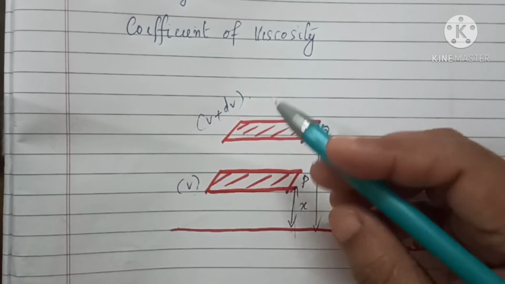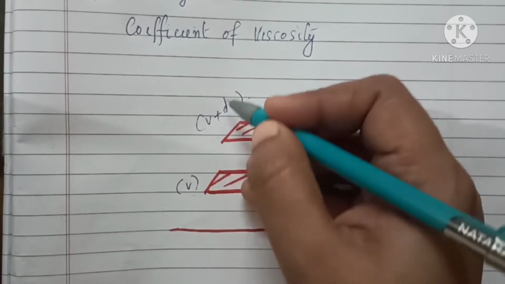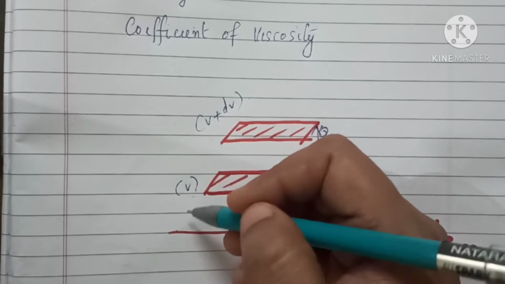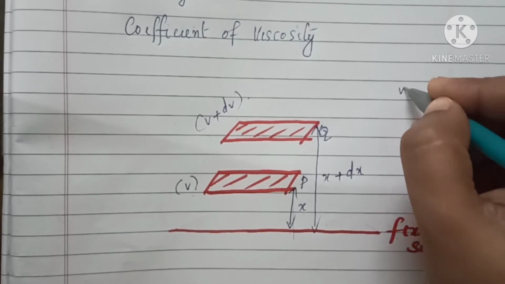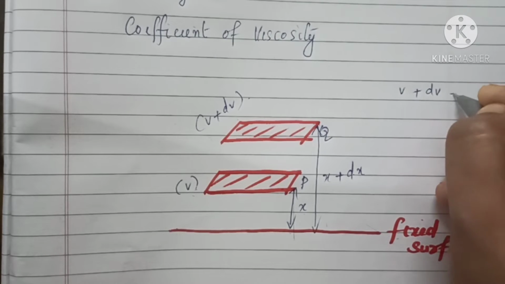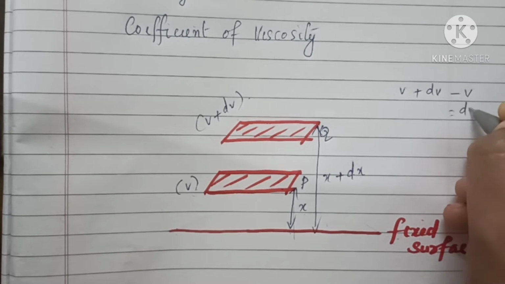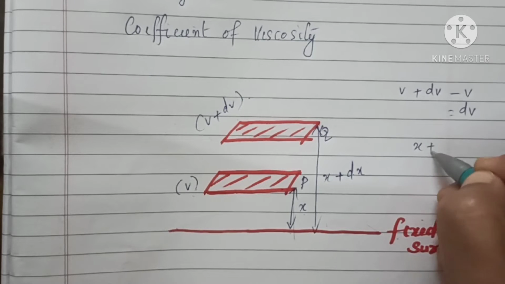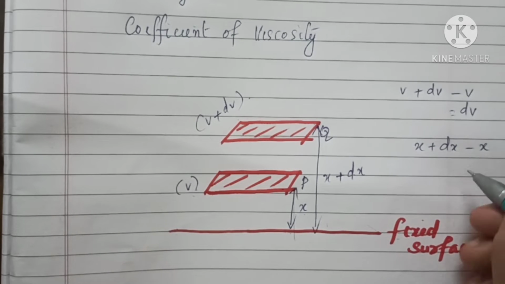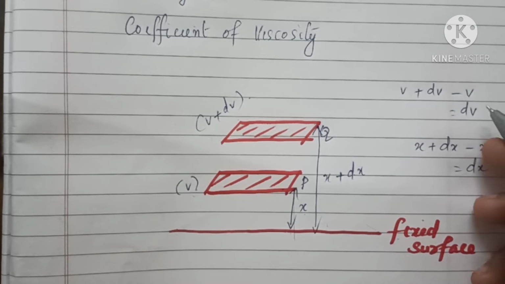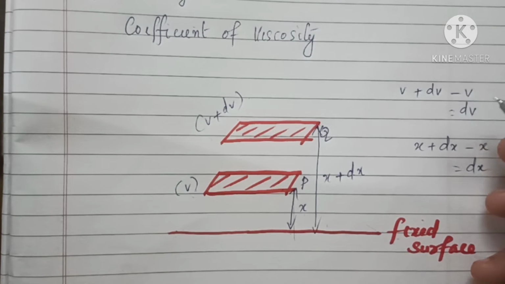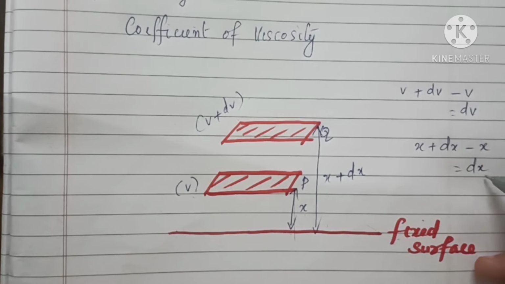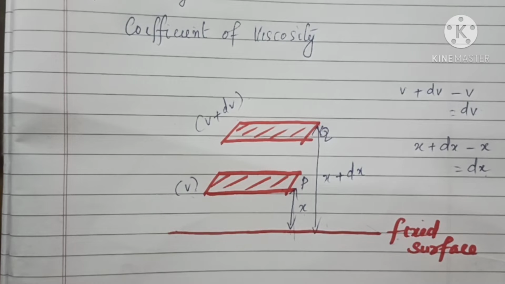Understand? Now, if you take the change in velocity, what is the change in velocity? Yes, it is v plus dv minus v, which is dv. Clear? What is the change in distance? x plus dx minus x, which is dx. Okay, so you got the change in velocity as well as change in distance.